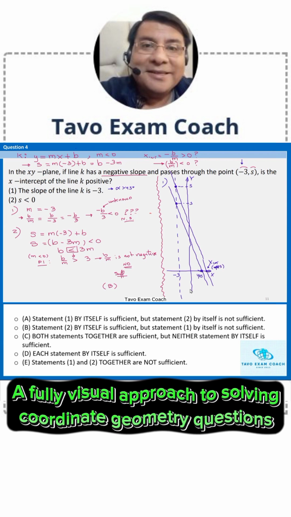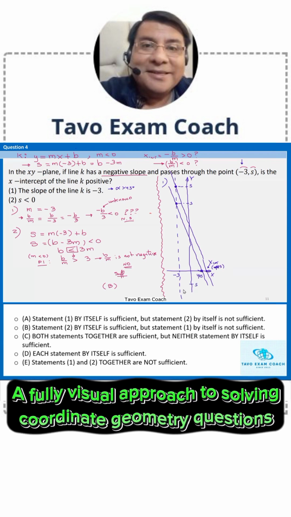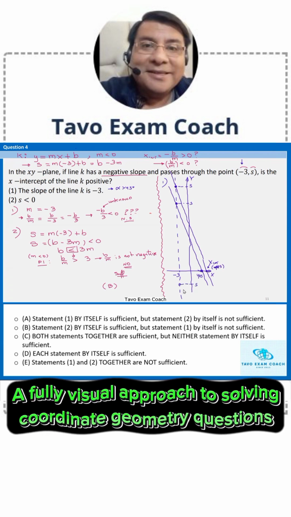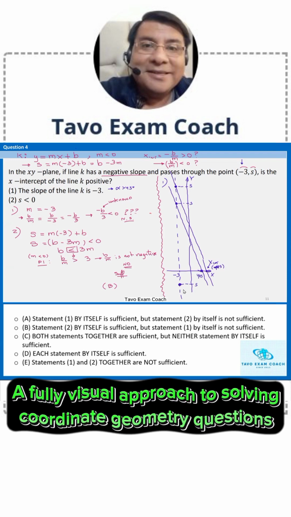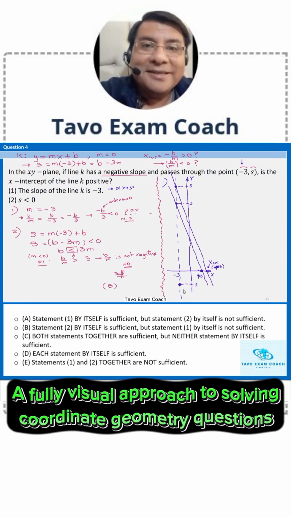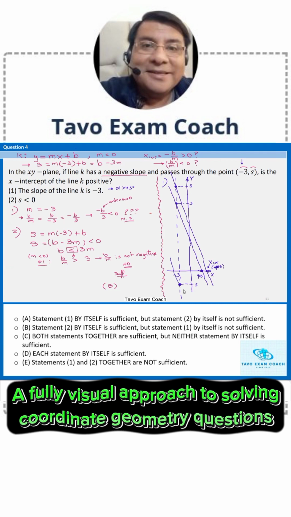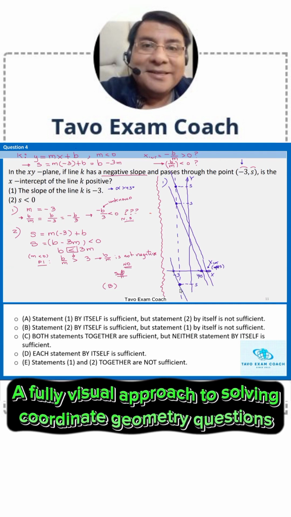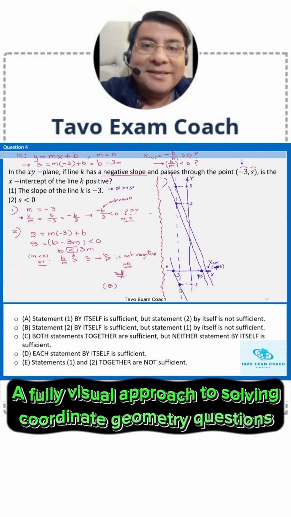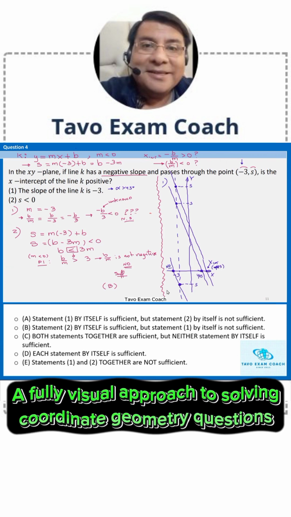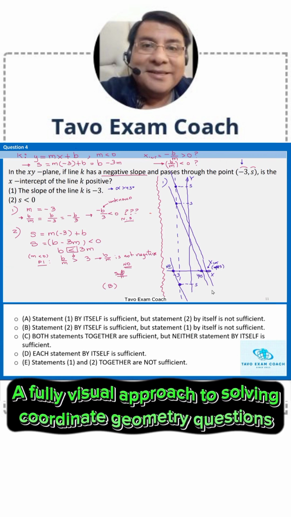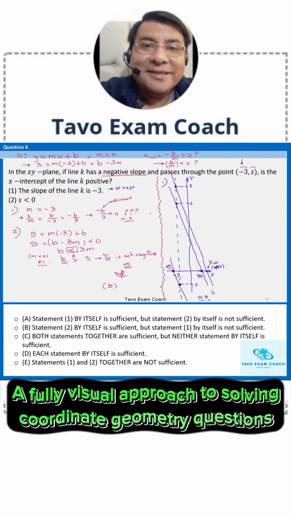So what would happen if S were negative? Then the passing point would be in the third quadrant, and a line with a negative slope of -3 clearly would have an x-intercept that is negative. So statement 1 alone is not sufficient.